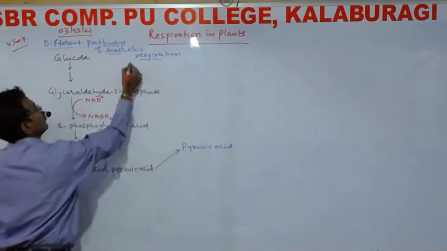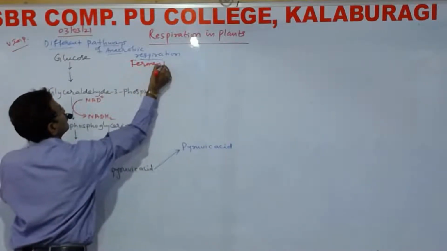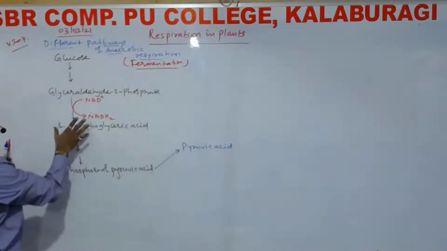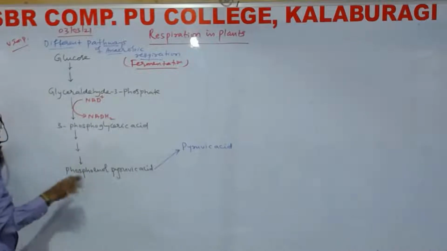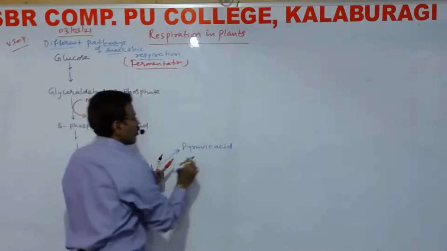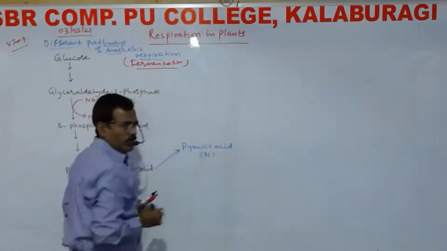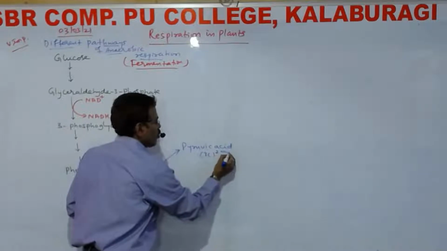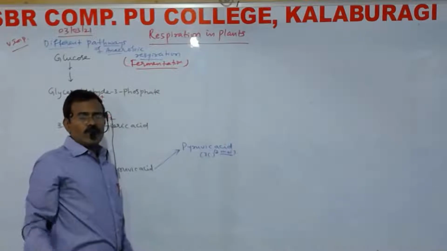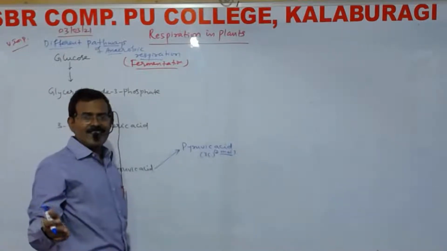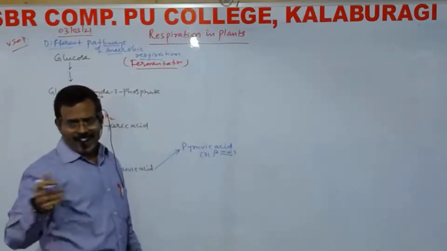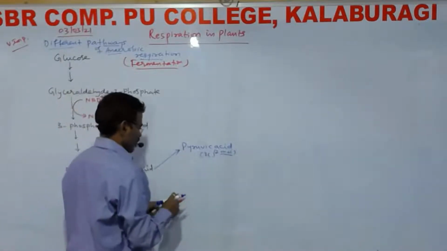So this is, as usual, glycolysis, which occurs in the cytoplasm of the cell. Already we have that. Now, after the formation of this 3-carbon pyruvic acid, we will get 2 molecules. Then this pyruvic acid under anaerobic condition can either undergo alcoholic fermentation or lactic acid fermentation. So that is what we have right here now.